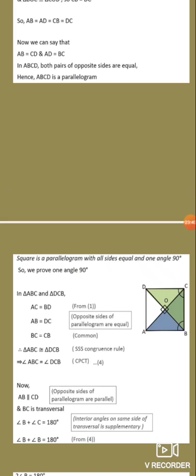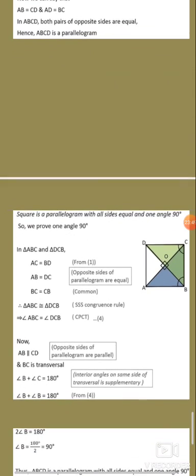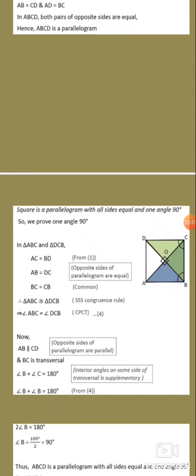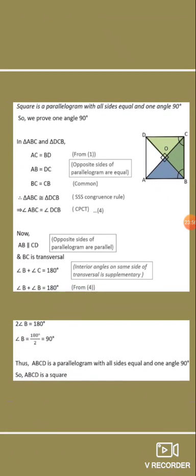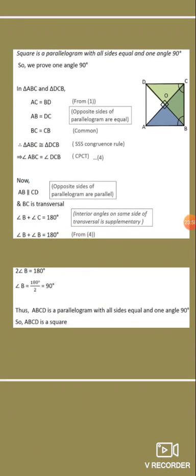Angle B and angle C are equal, so instead of angle C we can substitute angle B. So angle B plus angle B is 180 degrees. Twice angle B is equal to 180, so angle B is equal to 180 by 2, which is what? 90 degrees. So ABCD is a parallelogram with all sides equal and one angle 90 degrees. So ABCD is a square. Clear, students? Okay, thank you.